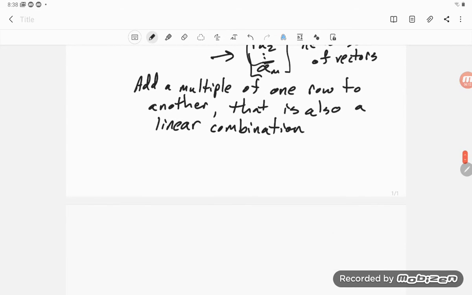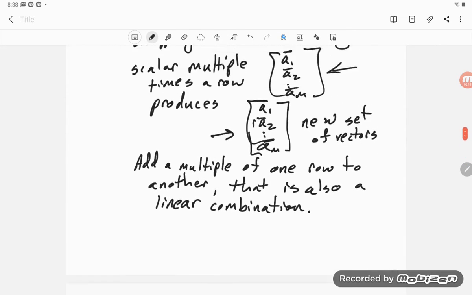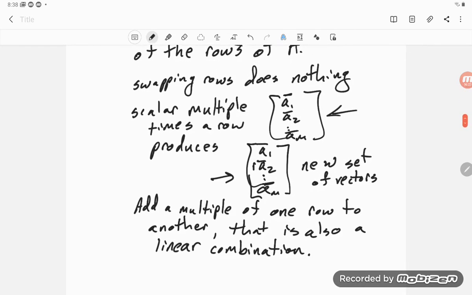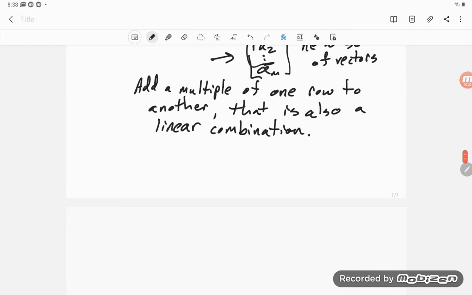Hopefully you can convince yourself that each of these uses of an elementary row matrix just gives me a new set of rows that span the same subspace as before.